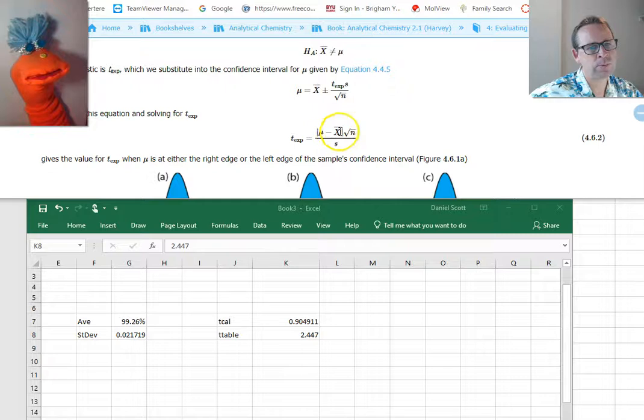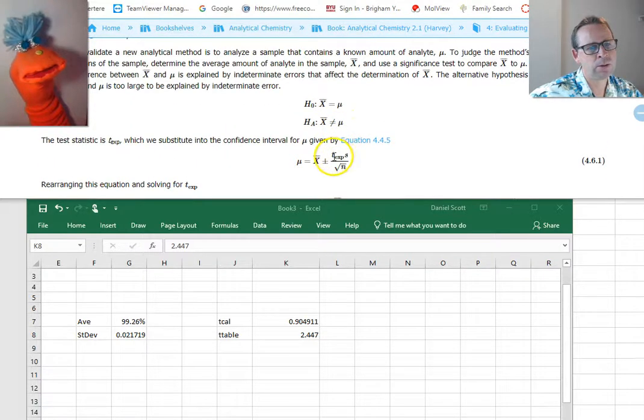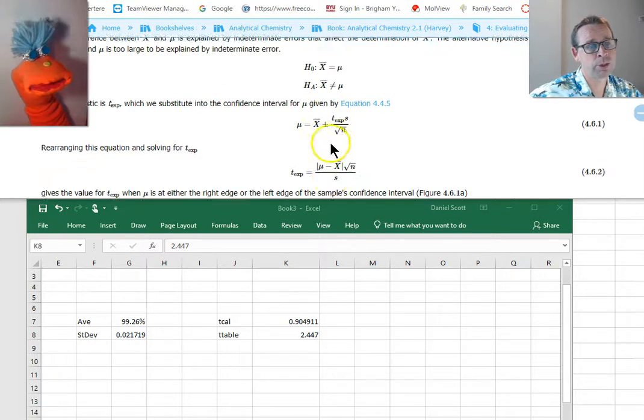Right here, right? Yeah. The t table suggested that your value with your number of degrees of freedom should be 2.447, but we only got 0.905. So what does that mean? That means we can't get rid of the null hypothesis, right? Yeah, that means that they're probably the same.